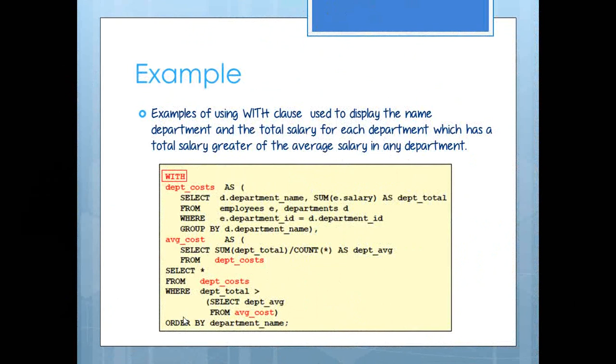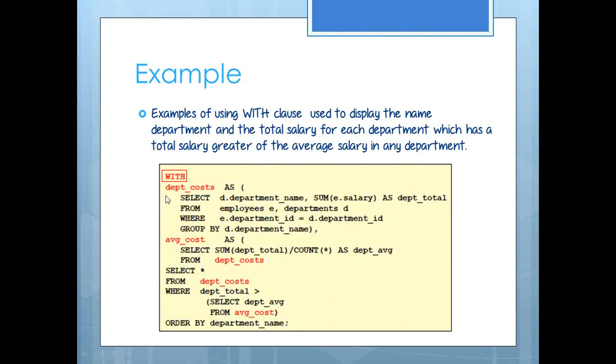Example. Here we can see the code. So the question is to display the name, department, and the total salary for each department, which has a total salary greater than the average salary in any department.